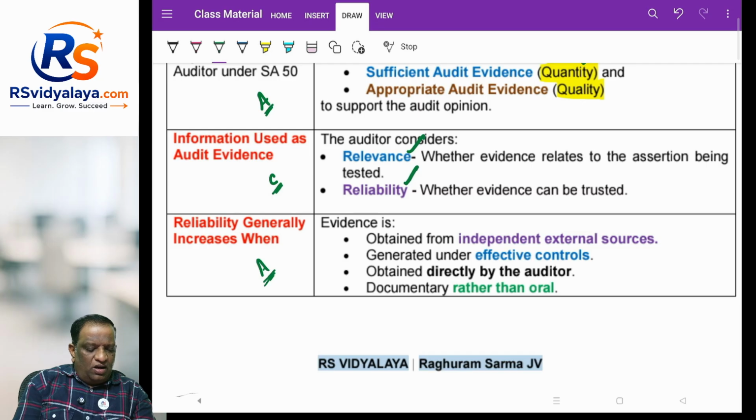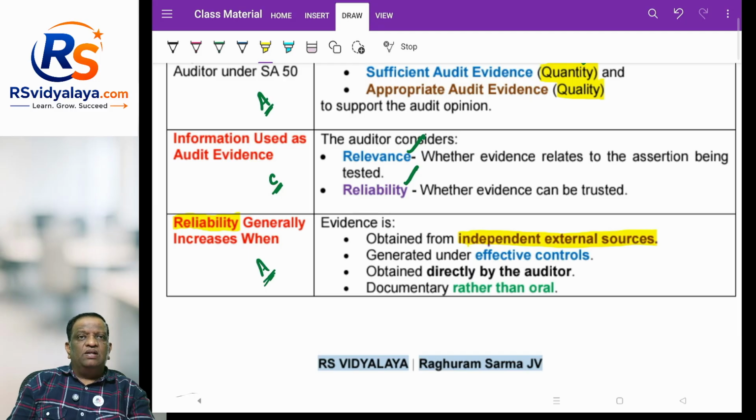Now, it's all about reliability. So how do I know that audit evidence is reliable? Now it depends on these things. Any audit evidence obtained from independent external sources is always more reliable than internal sources. So here the catchy word is external.